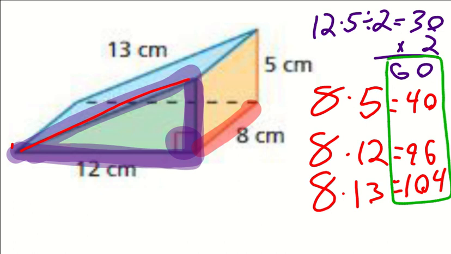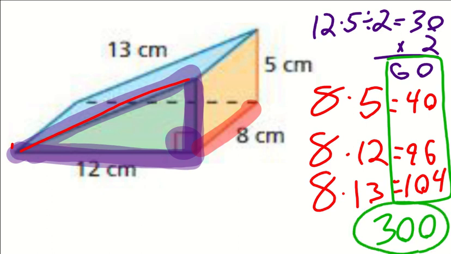We take all 4 of those and we add them up. And that gives us 300. Okay?